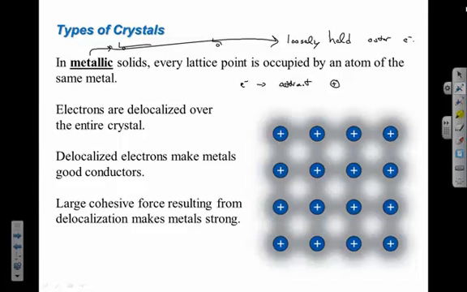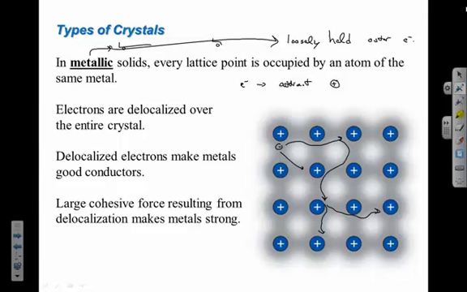So if you have this network of positive charges and you're an electron and you're not really that tightly held by the positive that you started with, as an electron you can go anywhere. You can move throughout here, go to any atom, and so I have easily flowing electrons over the entire sample of this entire metal.